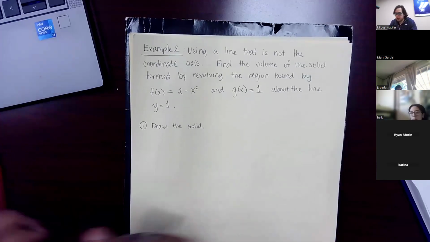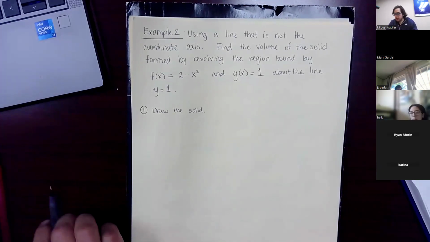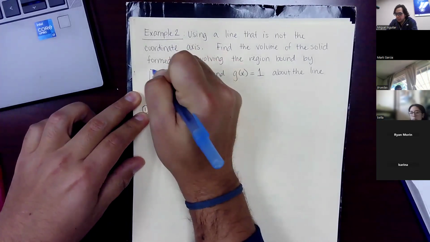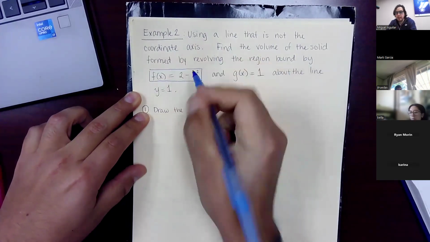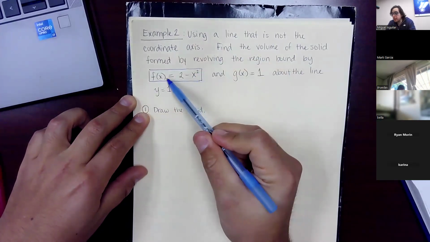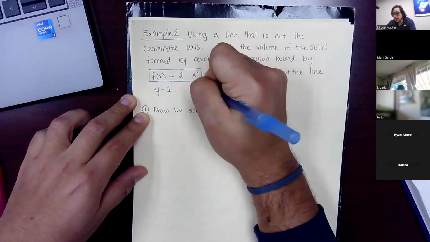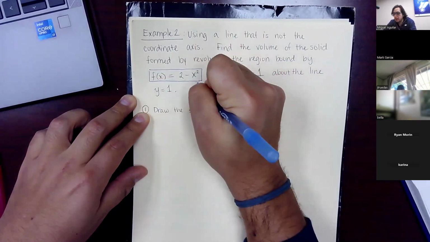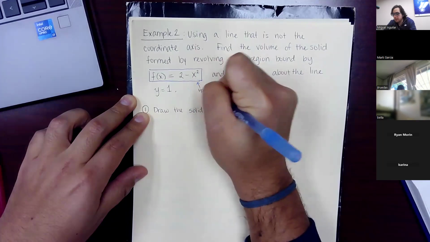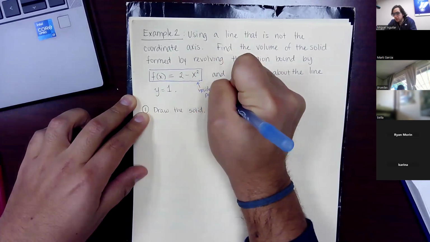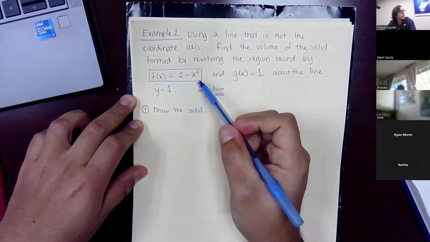Okay, so we want to draw these functions, and we have two functions this time. We have f of x is equal to this thing. Just by examining the equation here, I have a negative x squared, so I know that that's going to be an upside down parabola. It gets really useful to identify when you're dealing with a quadratic function, right?